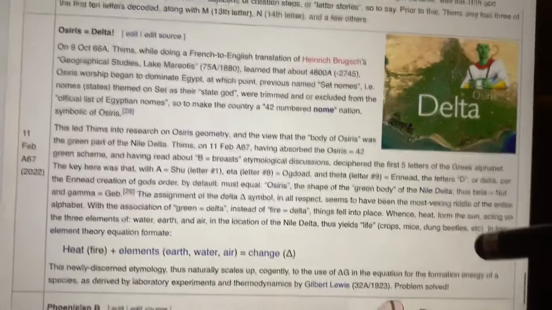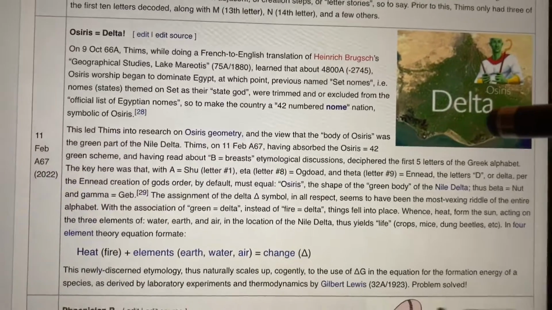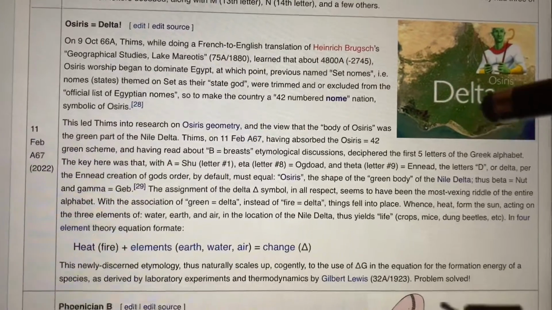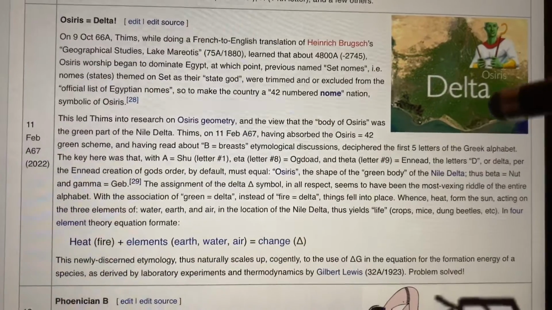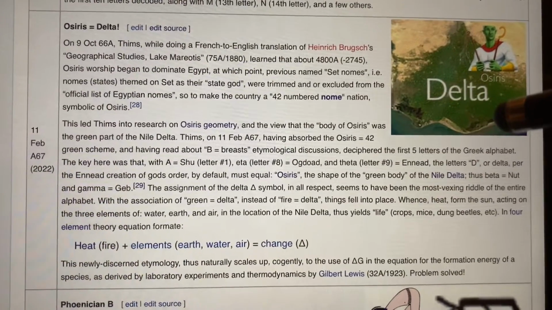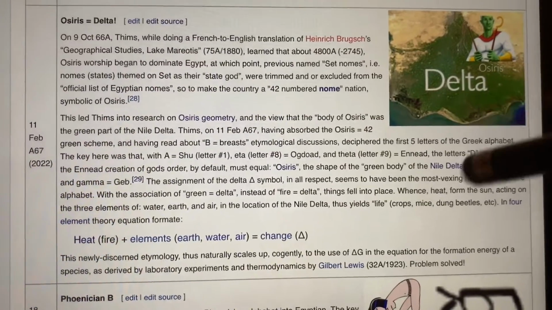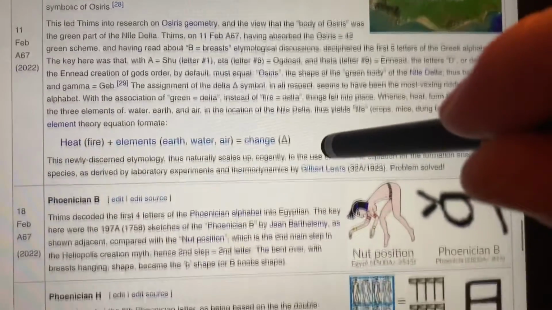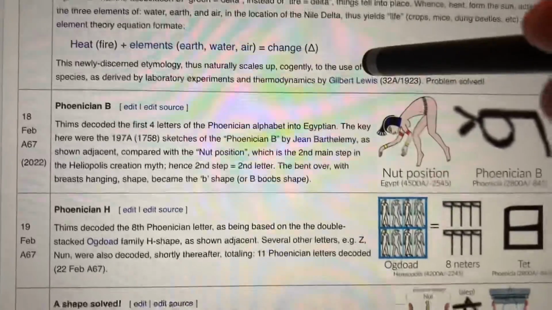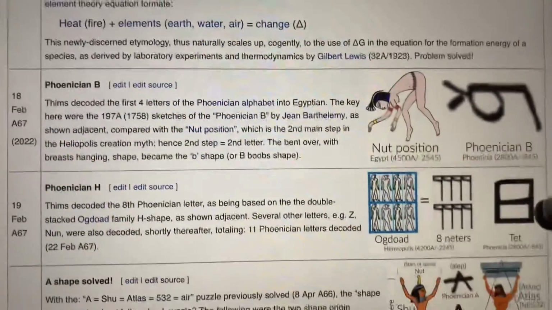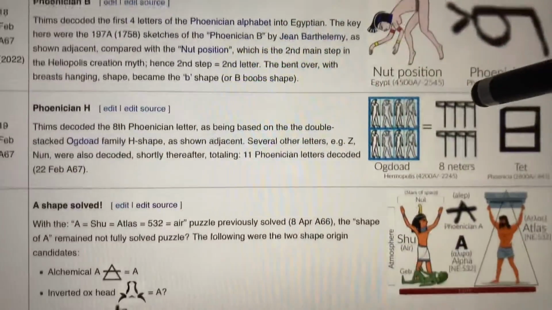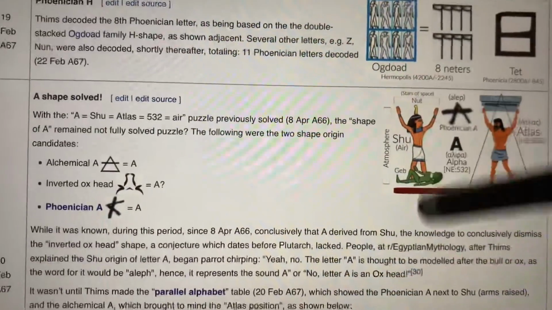But it was soon decoded that delta, which means change in chemistry and thermodynamics, refers to the fact that when you heat earth, air, and water, you get plant growth or change in animals. So then we've done the Phoenician B, Phoenician H. We've done the A shape.